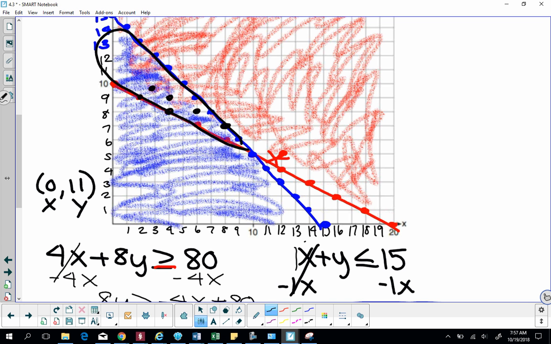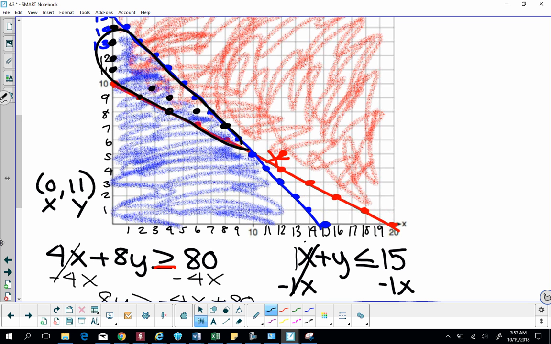Remember, X we know from above represents your babysitting hours, and Y represents your library hours. So she couldn't do all 19 babysitting because she would be working more than 15 hours. So right here, she could work any of these jobs just at the library and make her amount. My X right here is 4 hours babysitting and 9 hours at the library.